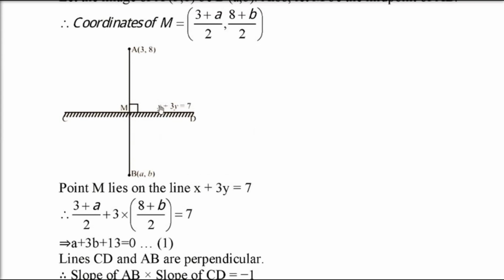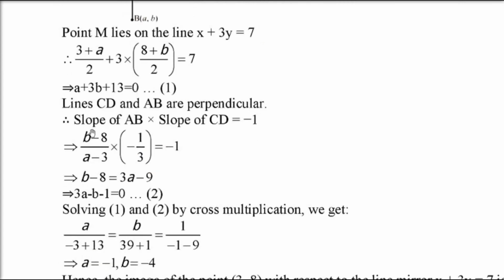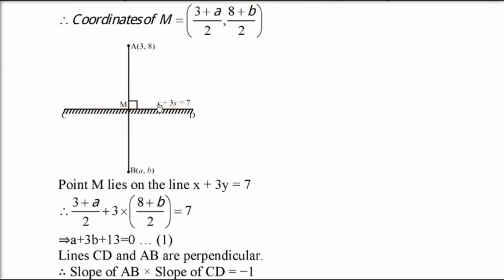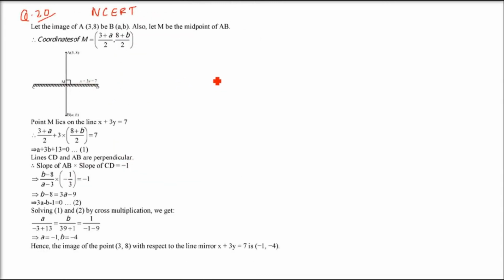Now, these two slopes multiply to give minus 1. First let us find the slope of the line. 3y equals minus x plus 7, so y equals minus x by 3 plus 7 by 3. The slope is minus 1 by 3.